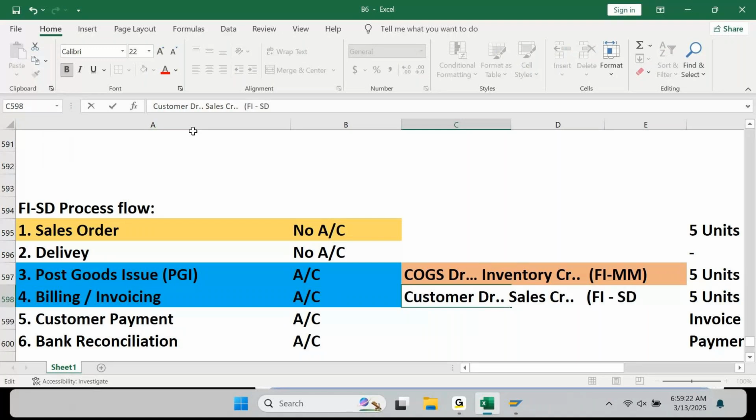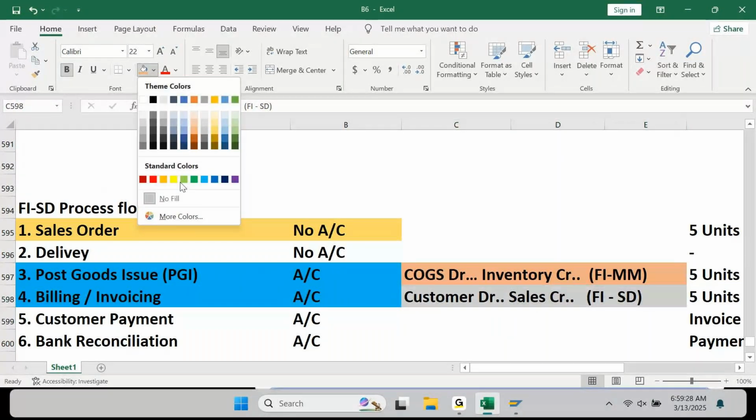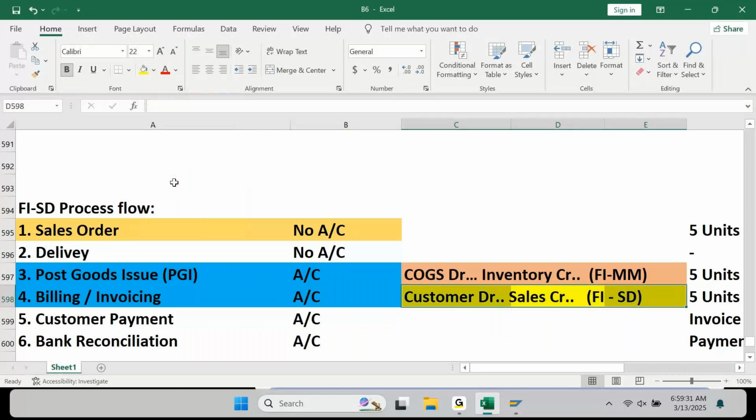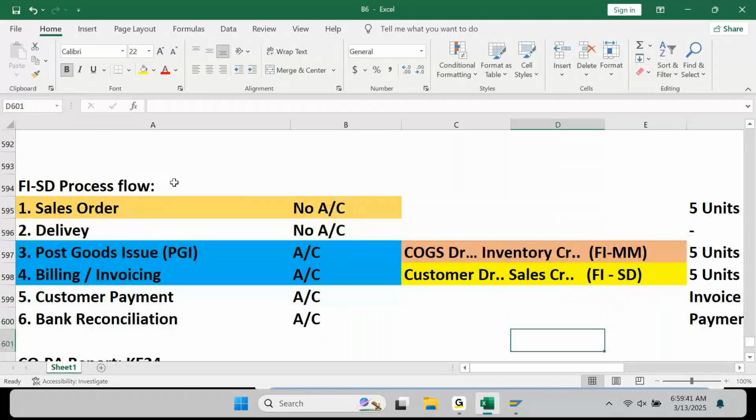In short, when somebody asks tomorrow, you should not make this mistake. Don't say FI-SD integration only for both. Your sales cycle has 6 stages. In these 6 stages, integration is happening only at 2 places, PGI and billing.